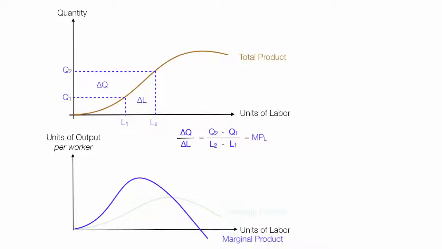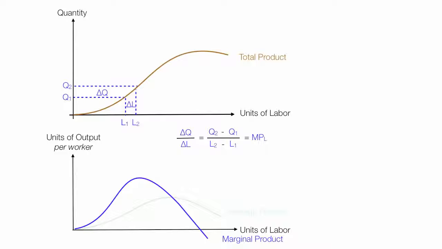So it looks something like this. You may recognize this as, hopefully, the rise, and this is the run. So we have rise over run, which is equal to the slope. So marginal product is equal to the slope of the total product curve at any particular point. In this case, we let the change in labor be very small.